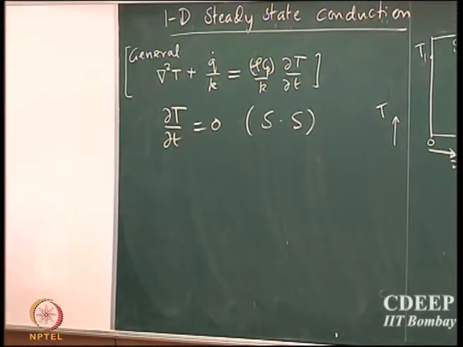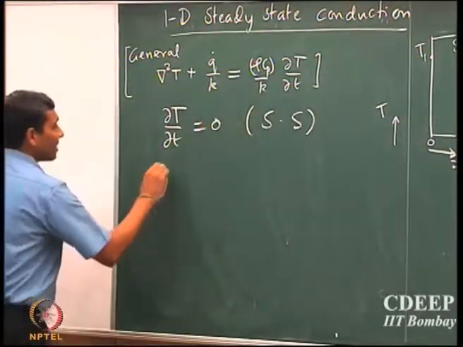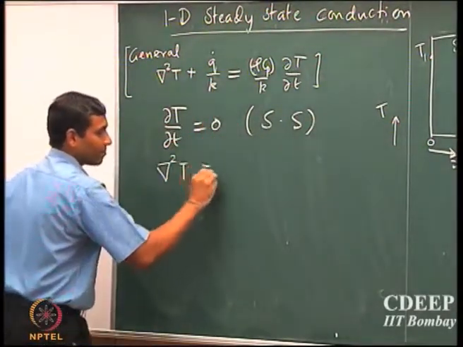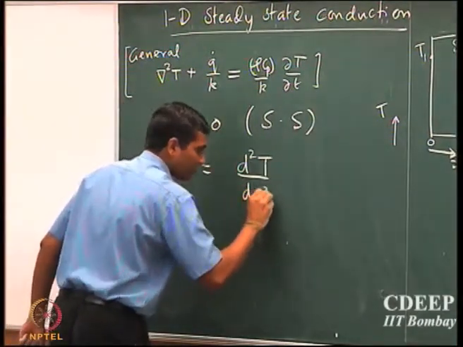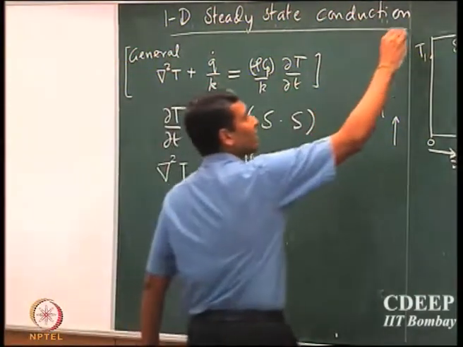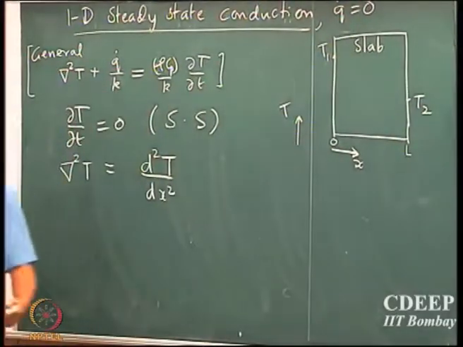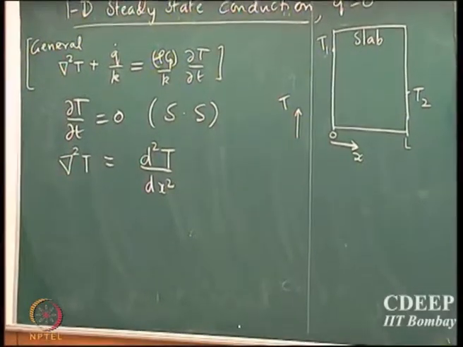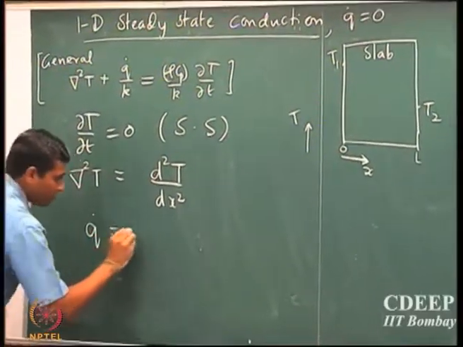We are considering a steady state problem, and then we said it is a one dimensional system, which means that the Laplacian is simply in the x direction, d square T by dx square. And if we also assume that q dot is 0, that is, there is no energy generation or loss inside the system, then q dot is also equal to 0.